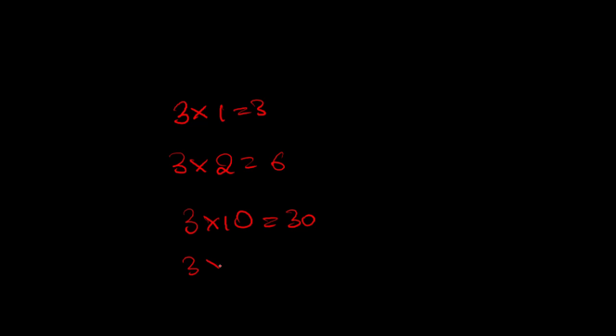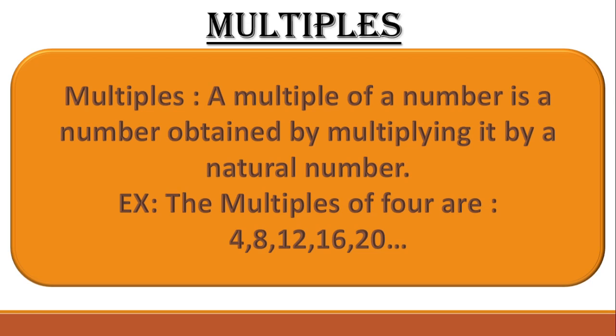And 3 into 11 is 33. So whatever number we multiply with 3, the product which we get as a result is a multiple of 3. So we can take any number and multiply it with 3, and that is a multiple of 3. Right? So numbers are infinite, which means multiples will also be infinite.